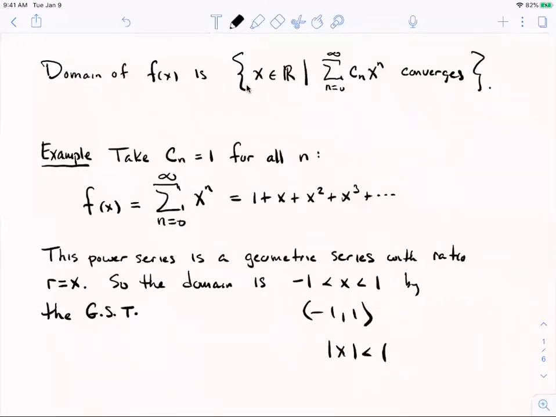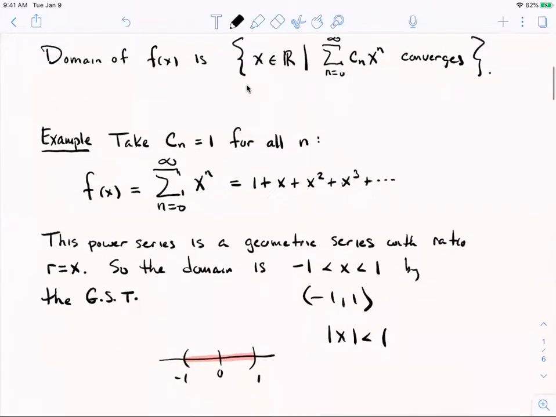These are three equivalent ways of writing the same piece of information. You can just draw a picture of it. Starting at 0, I'm taking the interval that extends out to -1 and 1 in each direction. So you can visualize the domain of that power series. It's the interval from -1 to 1.